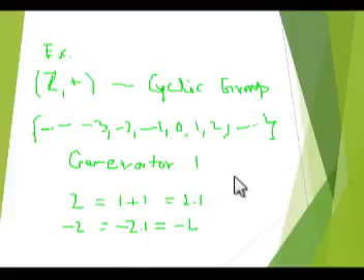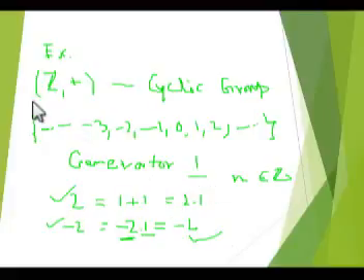Actually n belongs to the set of integers, so n can be negative or positive. So through the generator we can generate any element, any positive element or any negative element. So 1 is the generator and it is a cyclic group.